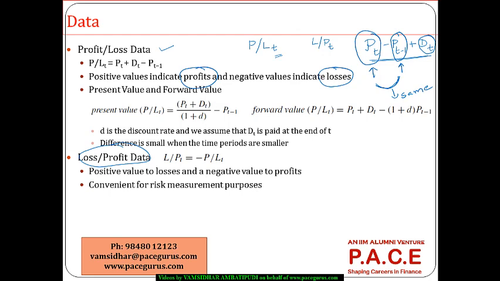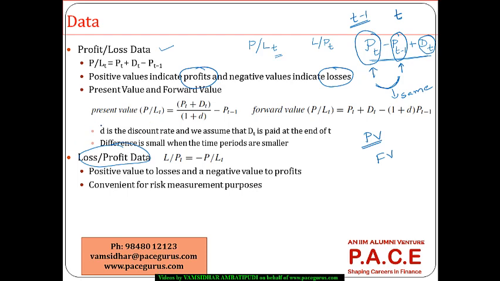So I will either find the present value of the P/L_t or the forward value of the P/L_t. That means get both of them to the time period t minus 1, which is the present value part, or take both of them to the time period t.